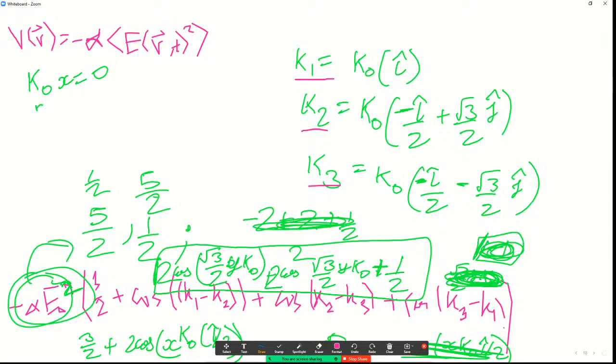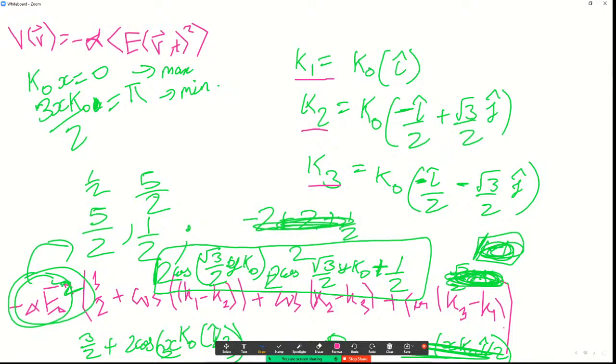This is subtraction. So this would be 3. So we have 3x k naught by 2 equals to pi for minima. This is for maxima. This is for minima.